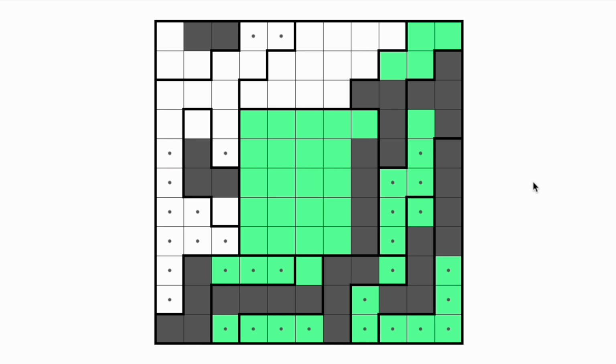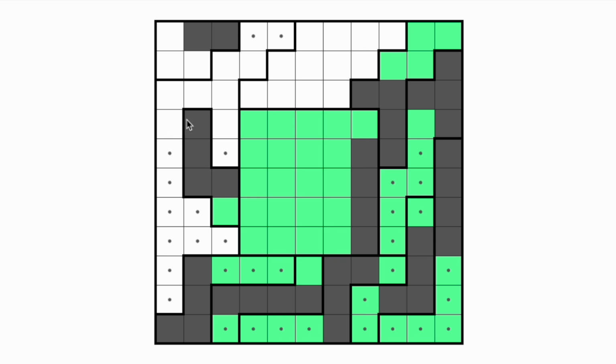So this is not shaded. That means these 3 cells no longer connect to anything outside their region. So we need there to be a cell in here that can connect. It must be this one, because this one doesn't connect to anything. So this comes up here.